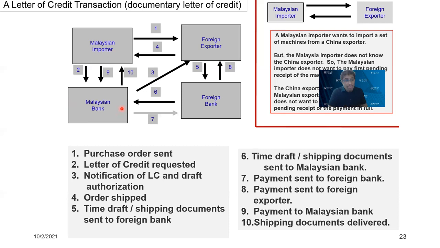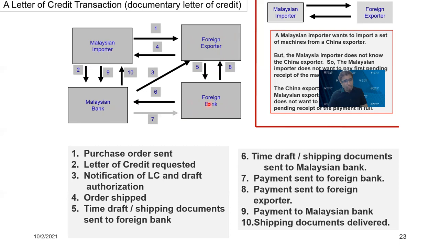But how is this related to on-balance sheet and off-balance sheet? I will tell you. After you open the LC, you are committed now to pay. It's a guarantee. When the foreign exporter finishes manufacturing the goods, he will ship them, take the bill of lading from the ship and go to the foreign bank and receive payment, assuming that the Malaysian bank will pay.